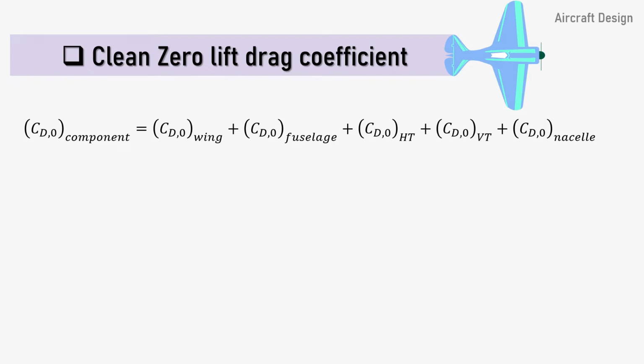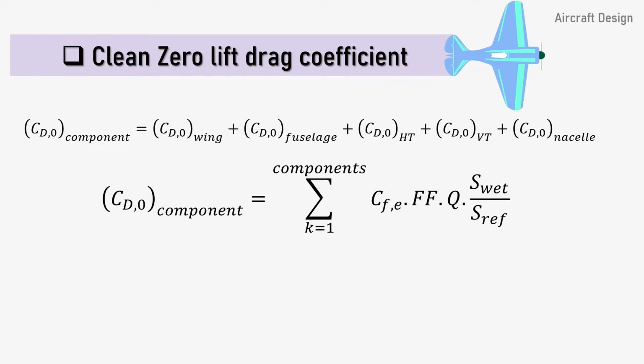Now CD naught is equal to the summation of CFE, FF, Q, S wet by S reference. Now CFE means skin friction coefficient, which is mainly due to the skin friction drag.